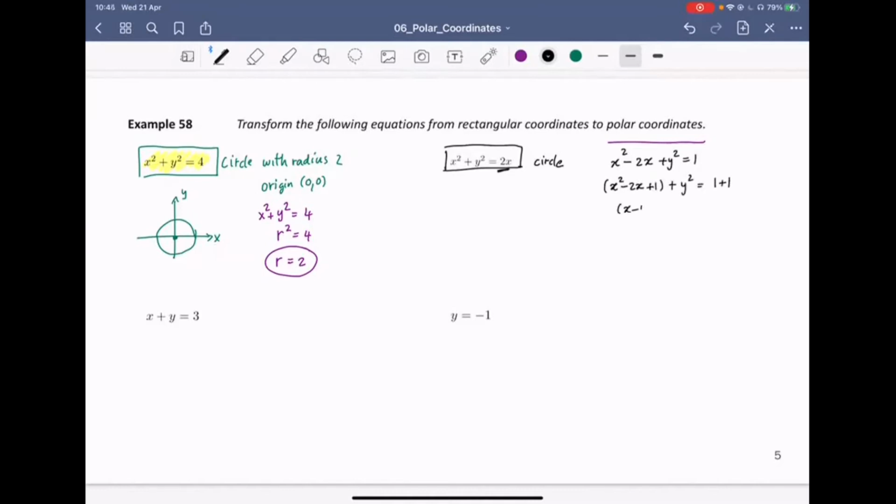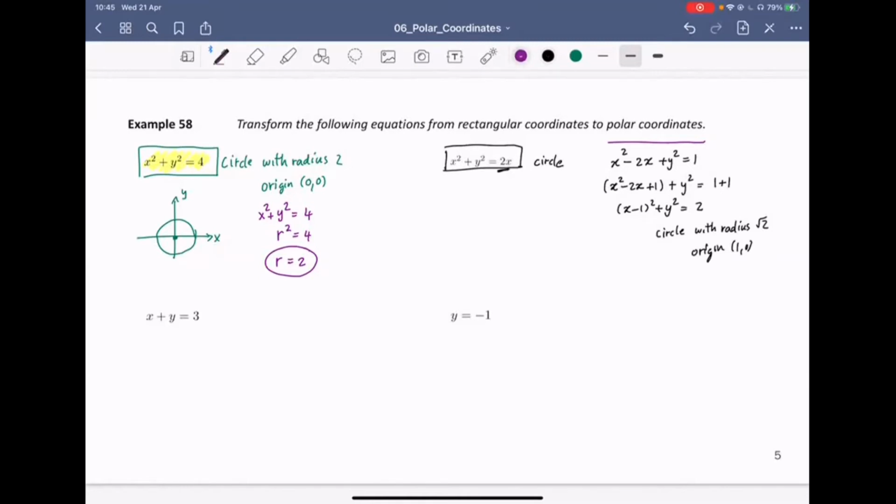This is x minus 1 squared plus y squared equal to 2. Actually, this is a circle with radius square root 2, and the center is at 1, 0. You can see that this equation is not simple in rectangular coordinates because you need to simplify it.